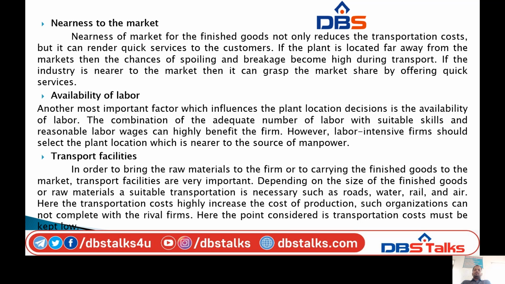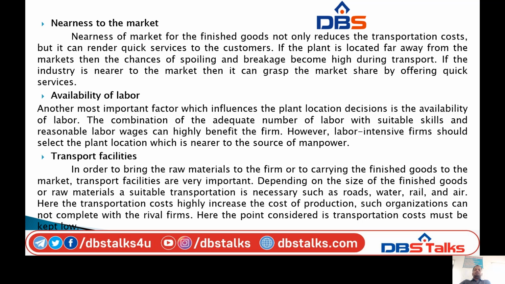Depending on the size of the finished components or raw materials, suitable transportation is necessary, such as roads, water, rail, or air. Here, the transportation cost highly increases the cost of production. Such organizations cannot compete with the rivals. So, the transportation point is also a very effective thing to maintain the cost.